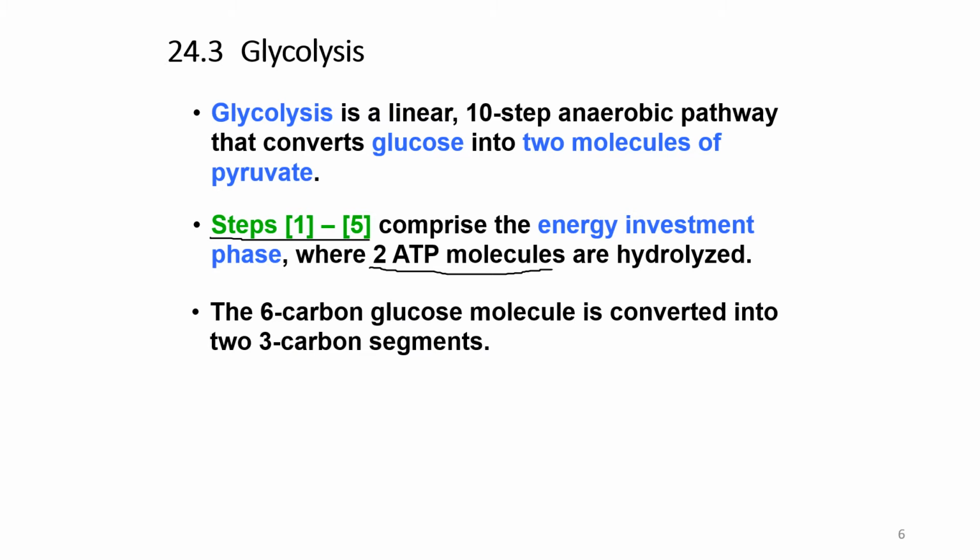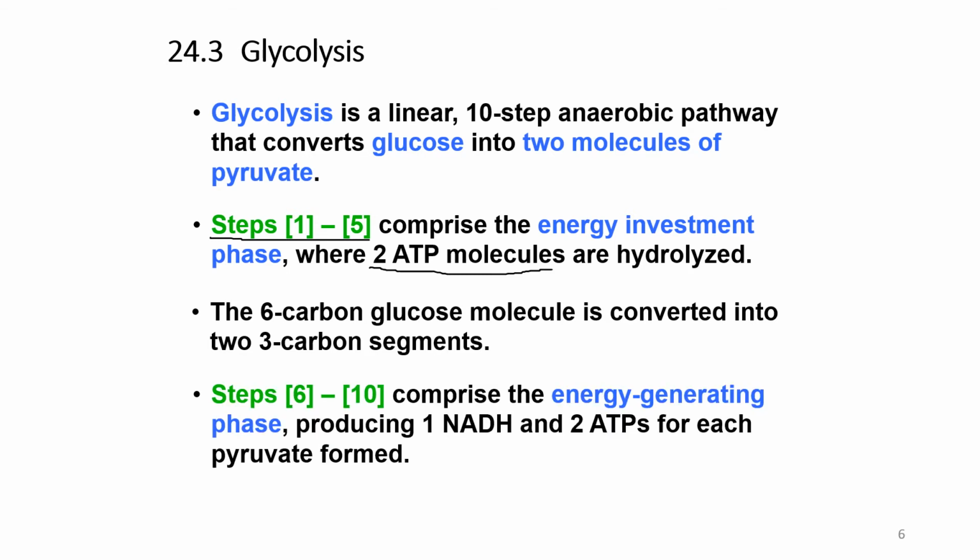And then the 6-carbon glucose is converted into 2 3-carbon segments. And during the second phase, we start generating energy. Okay, so for each pyruvate that's formed, of which there are 2, we generate 2 ATPs and 1 NADH. Remember, this is the reduced form of NAD+.